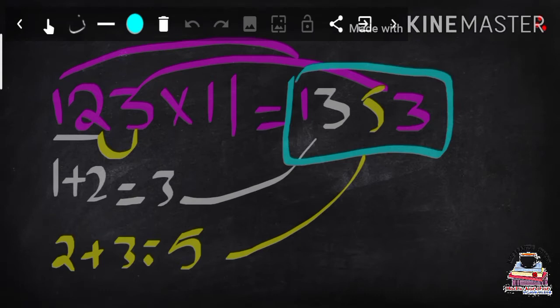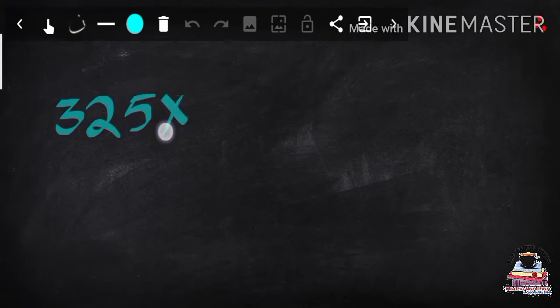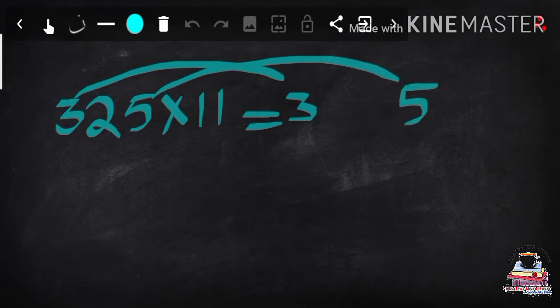Okay, now let us see one more example to understand it clearly. Here I am multiplying 325 into 11. To get the first digit of our answer, I take first digit of the given number and last digit of the given number to get last digit of our answer.